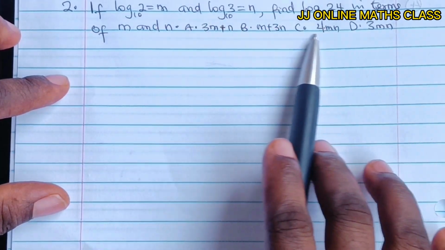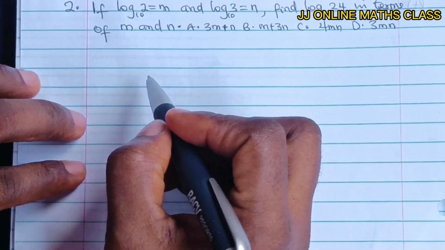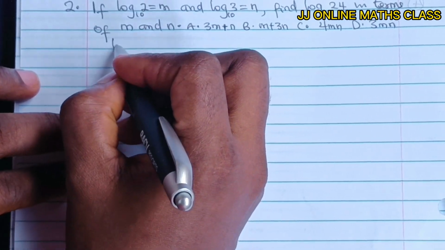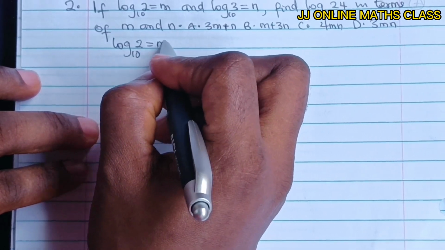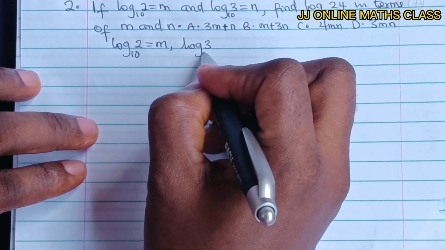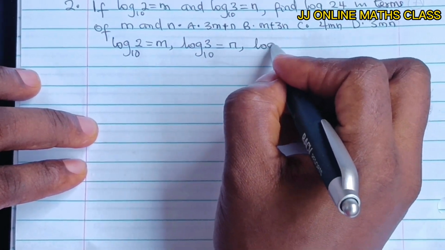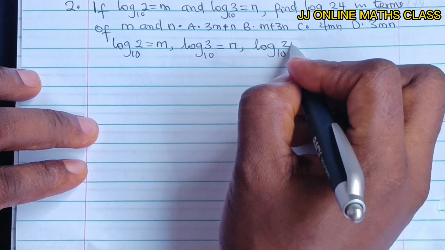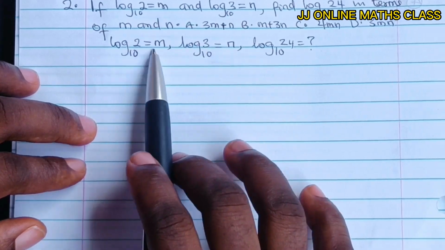And these are the options that we are given. So let's do this. We are told that log 2 base 10 is equal to m, and that log 3 base 10 is equal to n. And we are asked to find log 24 base 10 in terms of m and n.